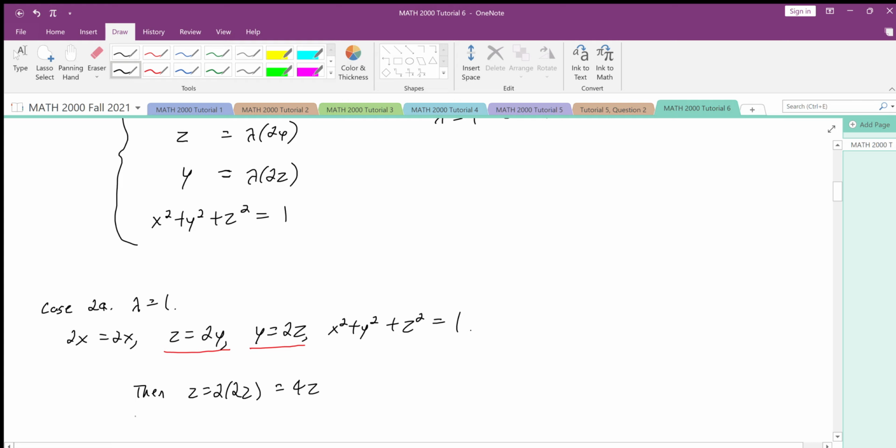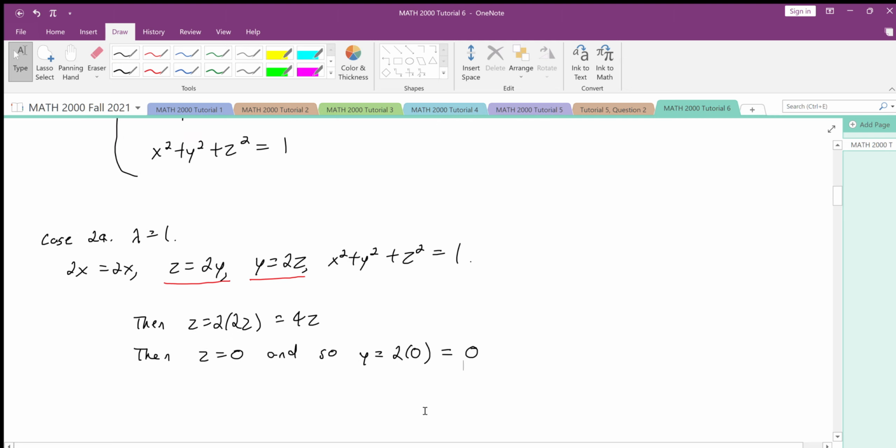And that tells me z is equal to 4z. So then the only possible solution is z is equal to 0. And if z is equal to 0, then y is equal to 2z, which is 2 times 0, which again is 0. So then if we substitute z equals 0 and y equals 0 into the main constraint, which is x squared plus y squared plus z squared equals 1, then we have x squared plus 0 squared plus 0 squared equals 1, and that tells me x is equal to plus or minus 1.